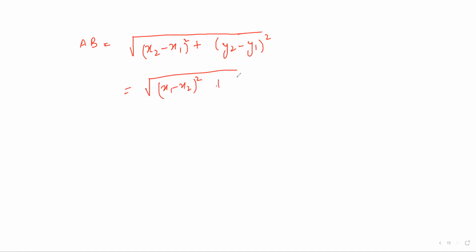Similarly, I can write y1 minus y2 whole square. So it will not change. It doesn't matter which one you take: you can take A to be x1, x2, or you can take B to be x1, x2. The answer will come out the same. So basically you have to do one minus the other. That's it. But the standard way of writing is x2 minus x1.